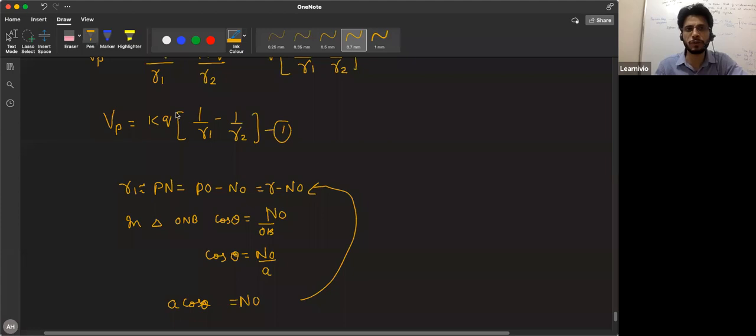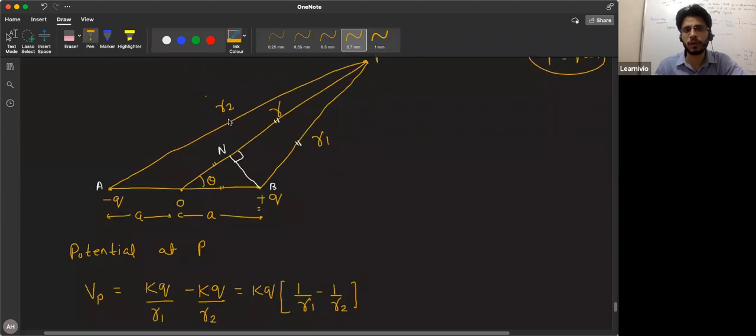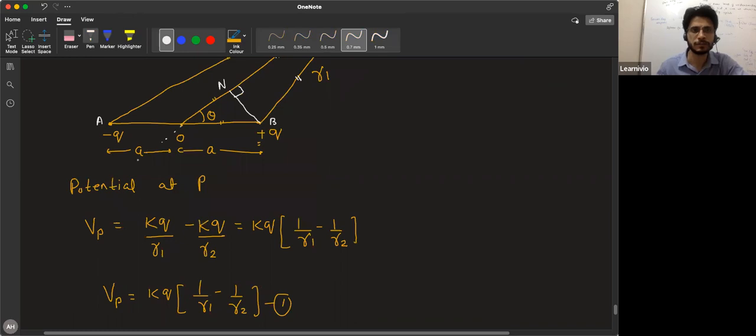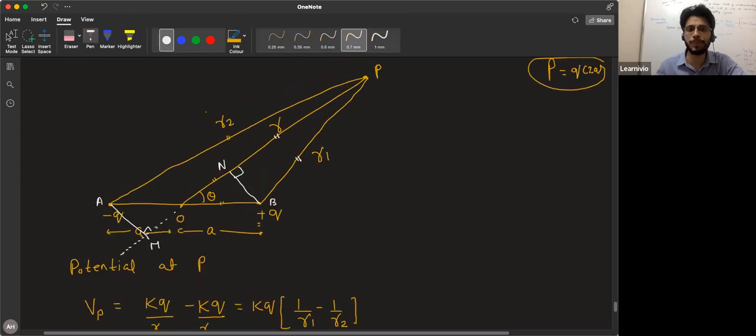Similarly, we can do one more thing. We can convert R2 in terms of R. To convert R2 in terms of R, we will extend this R. This is extended R. And we'll drop a perpendicular from R2 to this extended R. Let's call this point M. So this length PM will be almost equal to R2.